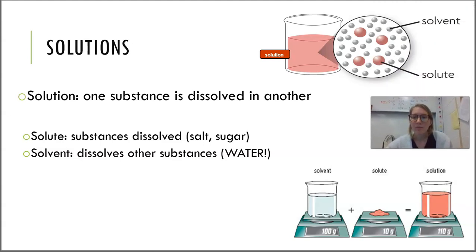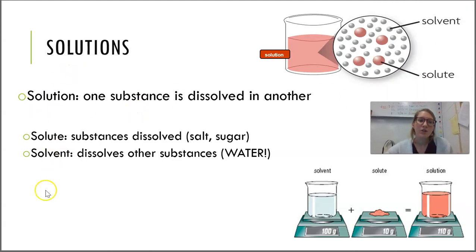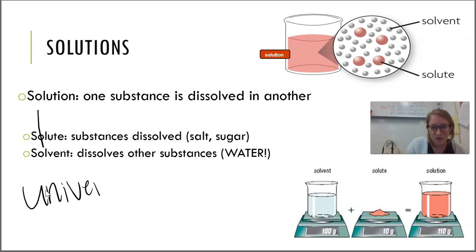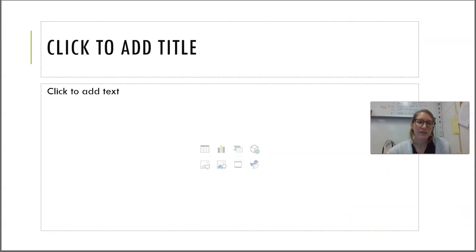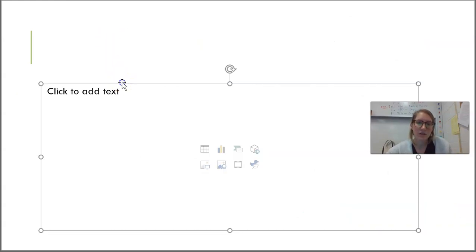All right. Water is also considered the universal solvent. Universal solvent, because it dissolves almost everything that you put into it. Okay, so the solvent is whatever is doing the dissolving, and the solute is what's in it. Another way to remember this is, I like to draw this.